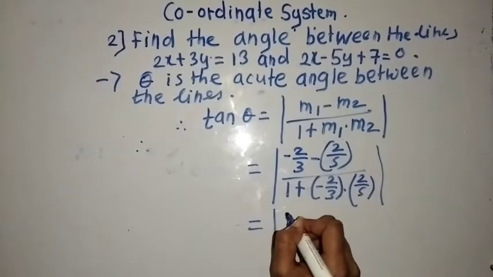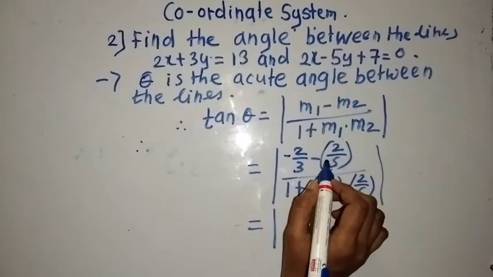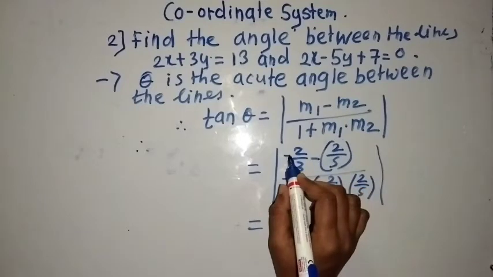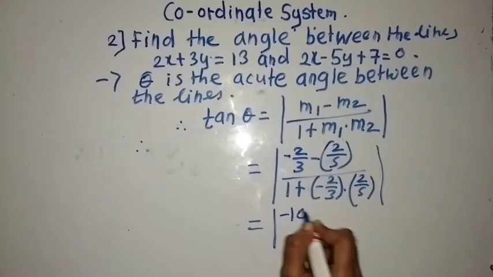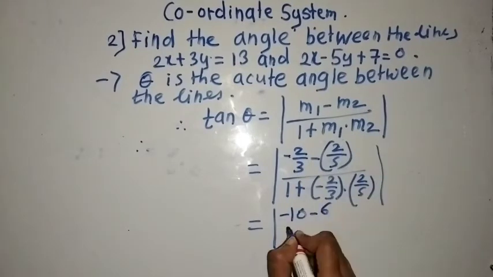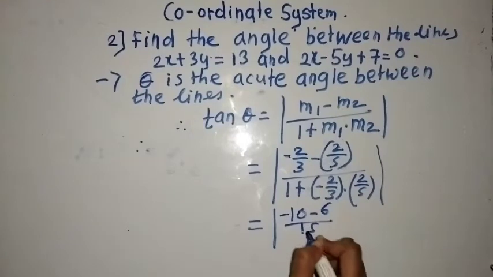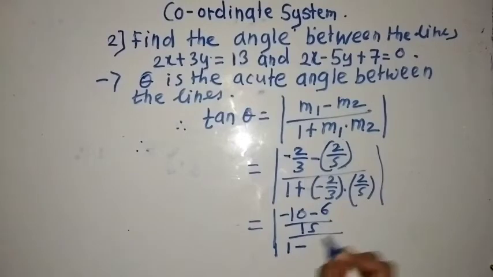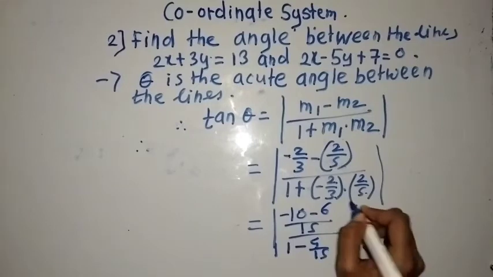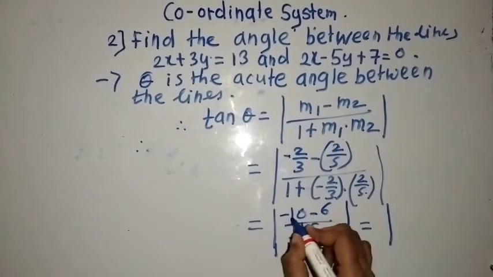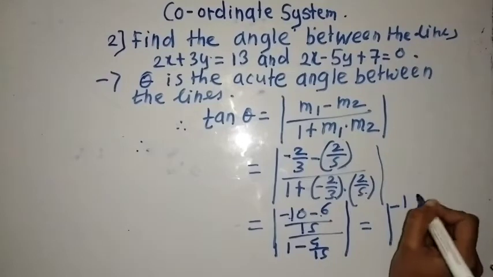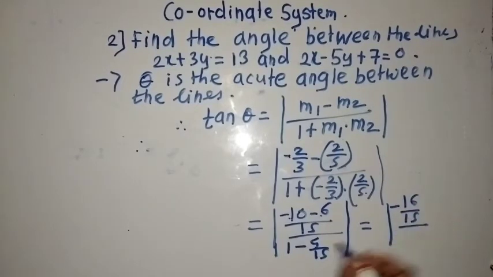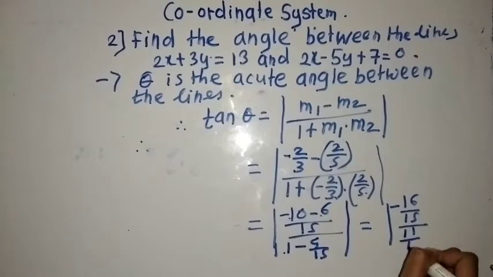Hence we get minus 10 minus 6 upon 15 in the numerator, that is minus 16 upon 15, and in the denominator 1 minus 4 upon 15, that is 11 upon 15.